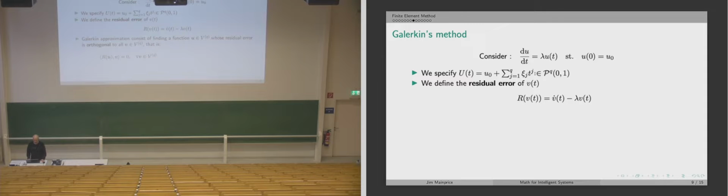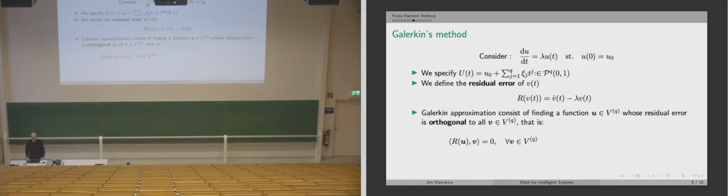So Galerkin's method works in the following way. It consists of approximating the solution by finding a polynomial u whose residual error is orthogonal to v, v being all the possible solutions for that differential equation.